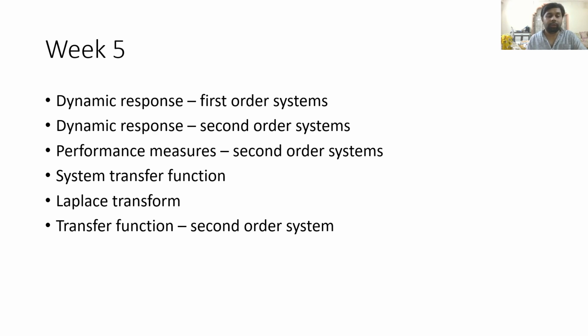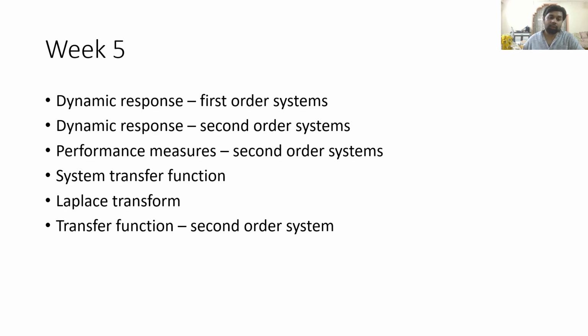Then the concept of system transfer function and how to derive the transfer function, the S domain transfer function, using the concept of Laplace transform. The Laplace transform is applicable to linear time invariant systems only, with zero initial conditions.